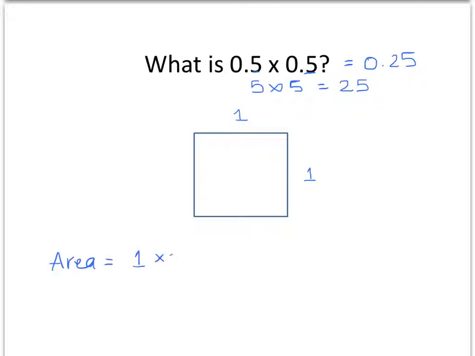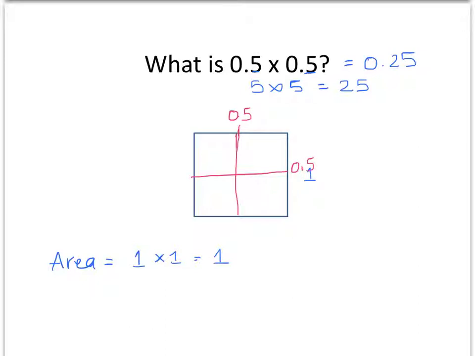So length times width, 1 times 1 gives me an area of 1. Now let's say I cut this square in half this way and in half this way. So up to that red line there, I've got 0.5 and 0.5, or a half.